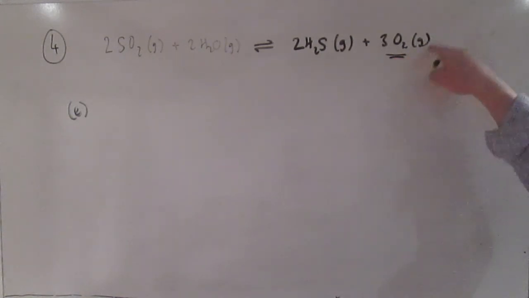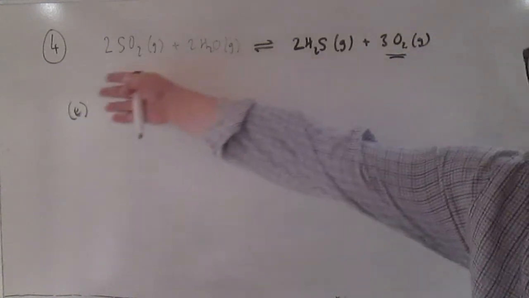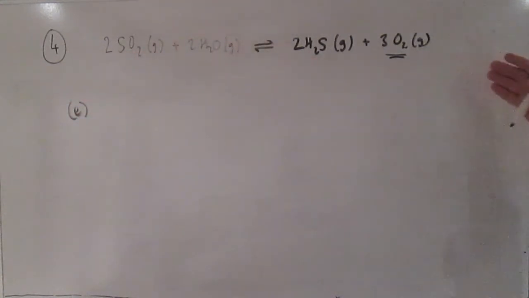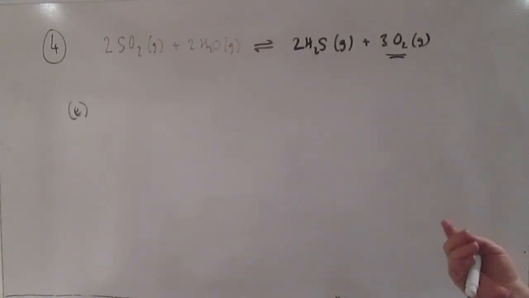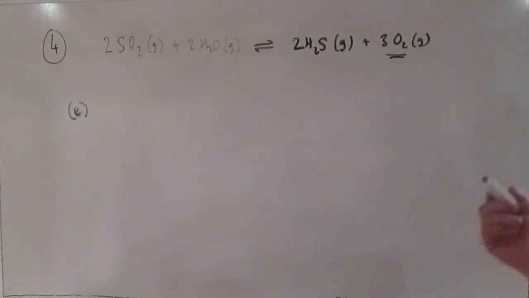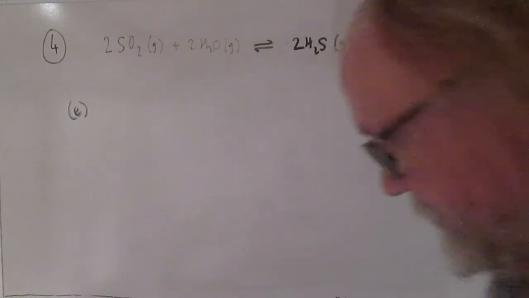So mixing with air is increasing the amount of oxygen in the mixture, and that's going to drive the equilibrium backwards to use up oxygen and oppose that change, and therefore we're going to get more SO2 and less H2S. So it's yet another thing that's changing once these gases reach the surface.